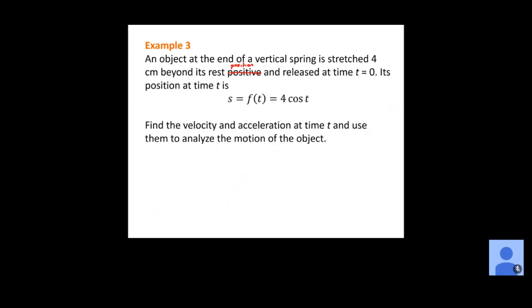If we're given the position function s, how would we find velocity? Derivative, right? The velocity is just the first derivative of our position function. We're finding s prime. So what's the derivative of 4 cosine t?